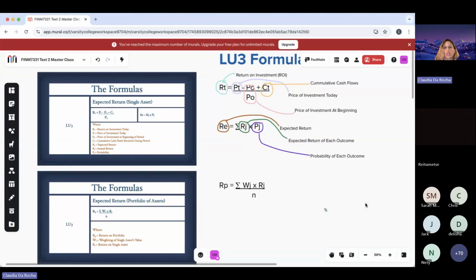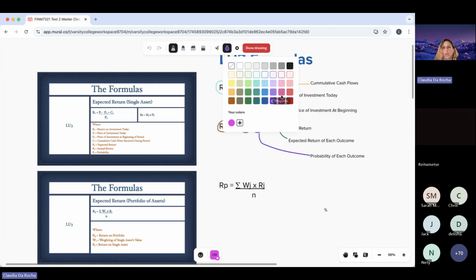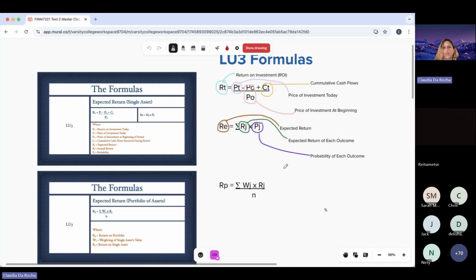Then we have an expected return for a portfolio of assets. So the only real difference between this formula, so if I had to circle it so that you understand which one I'm referring to, and this formula here, okay, is that we are weighting the returns and then dividing and averaging out over the years.